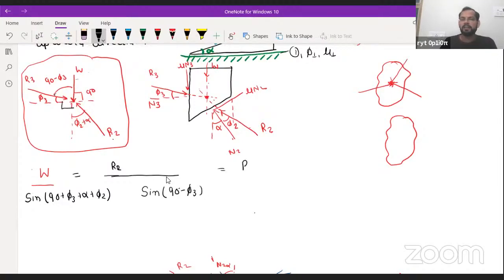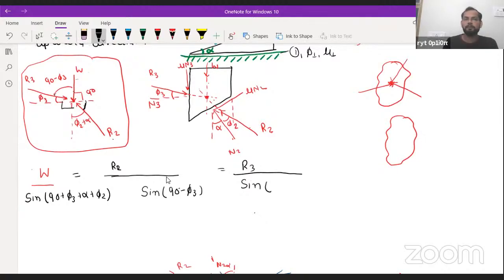And I think you can also calculate R3. So R3 will be equal to sine of the angle between the other two forces. As you know, if you are considering R3, then the other two forces are W and R2. So what is the angle? This is 90, this is phi 2 minus alpha, this is phi 2 plus alpha.